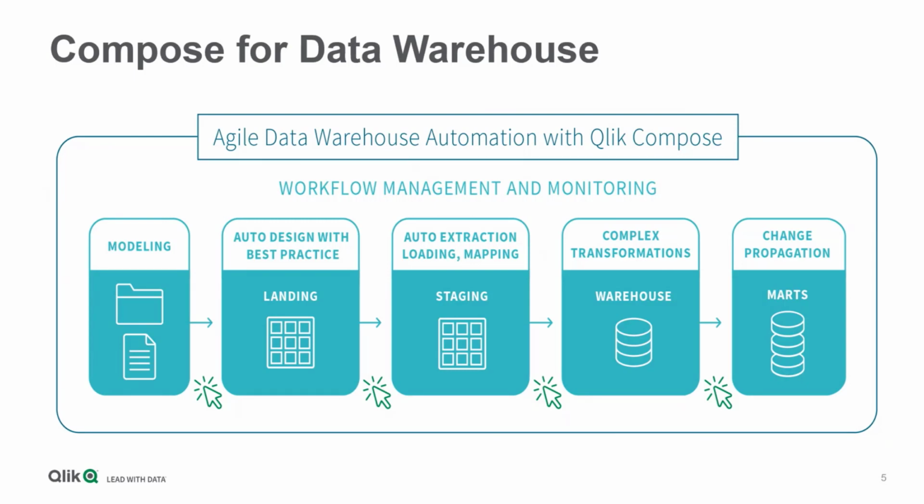So all of the mappings get generated, and you're then able to define your specific transformation logic that's specific to your business requirements within the tool. That is then all pushed down into the data warehouse layer for processing. And we propagate that all the way through to a final data mart layer, which would be your dimensional star schema for reporting purposes.